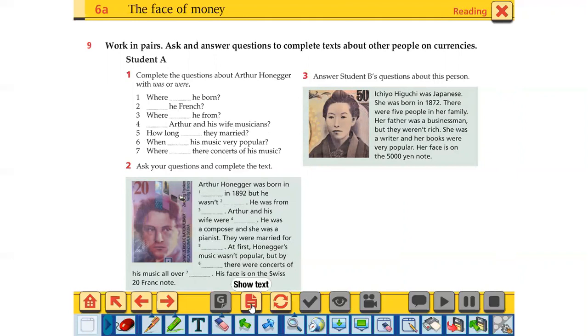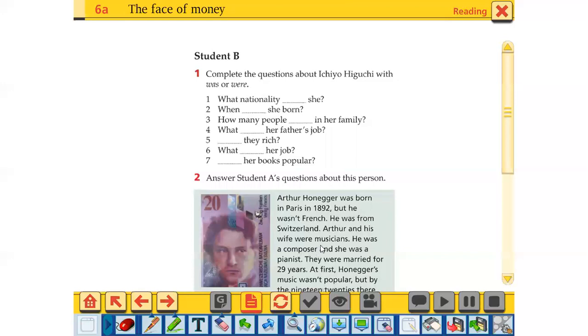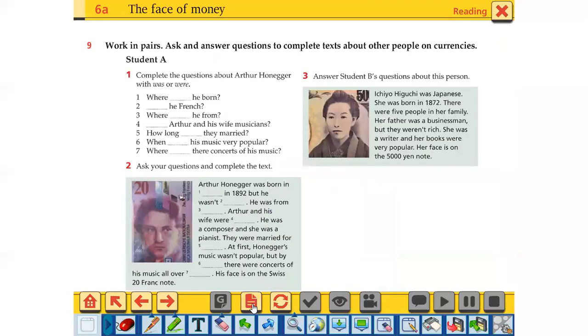A ver, vamos acá. Were musicians, ¿ves? Okay. Porque son ellos, Arthur and his wife. Ellos. ¿Y qué dice? La regla gramatical, ellos va con were. Y de esta manera tienen que completar, ¿ya? Aquí completar la pregunta y aquí completar la frase.